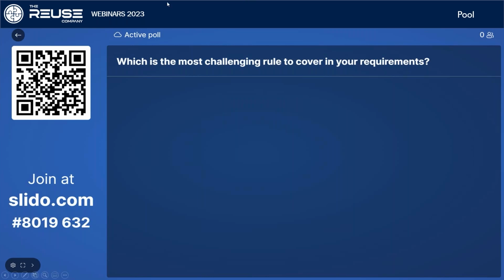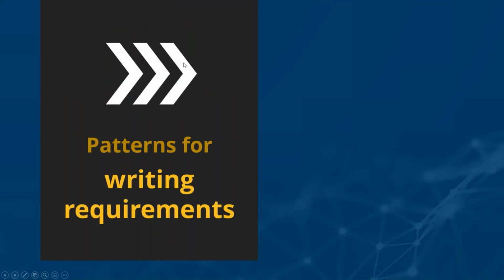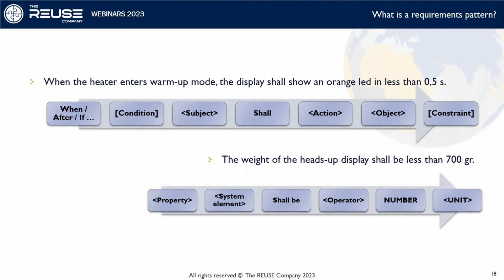You can continue with your answers, but I will now focus on the next topic, because in our experience, when we speak about high quality requirements, it is not only about following those very well known quality characteristics, it is also about following an agreed upon set of standard templates, grammars or boilerplates, or as we like to name them, patterns.